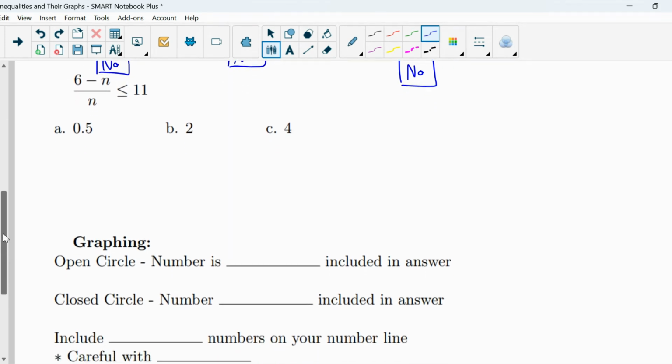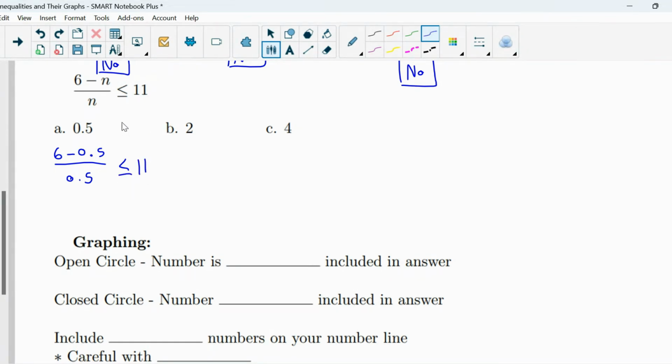All right, on to our second example here. We have 6 minus n over n is less than or equal to 11. So let's substitute in 0.5. 6 minus 0.5 over 0.5 less than or equal to 11.